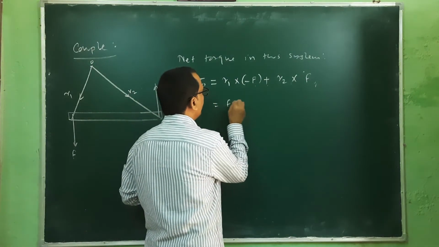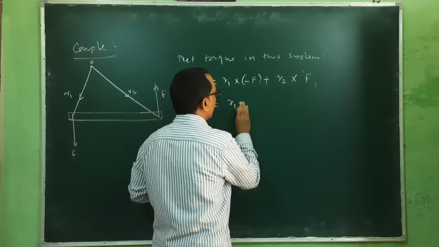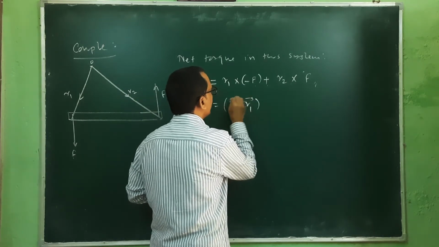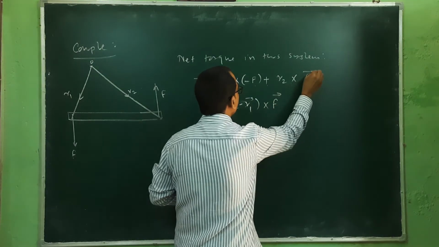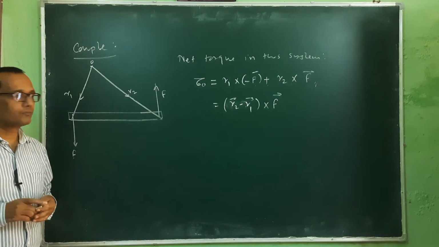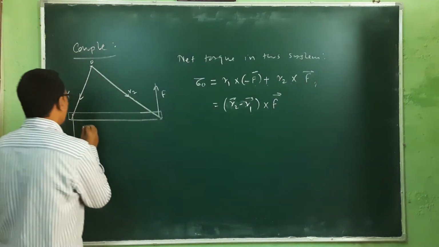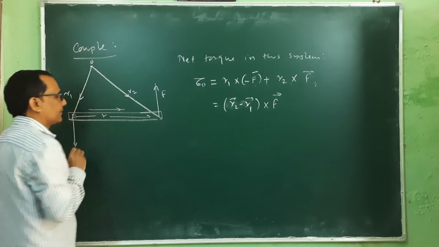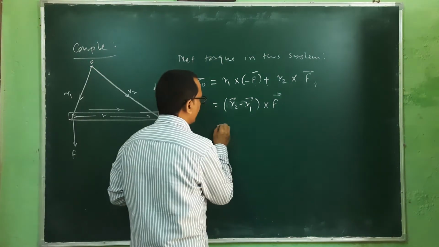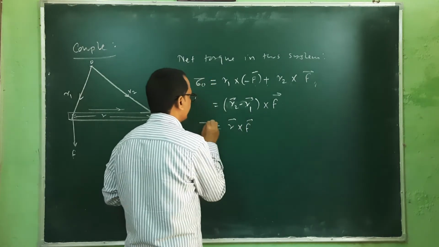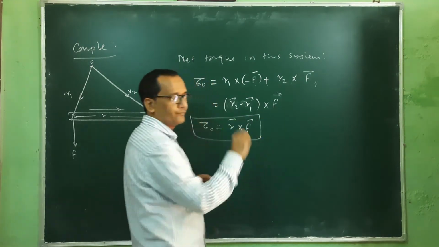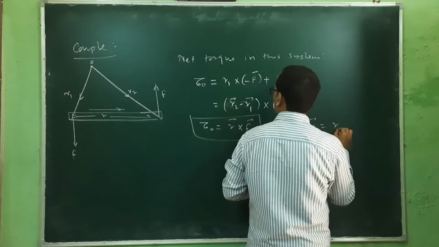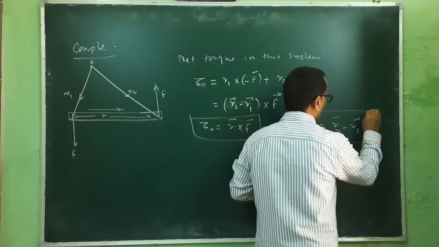So this is R1 cross F, plus R2 cross F, which is R2 minus R1, cross F. Let's say this is equal to R and the direction is this, so this is equal to R cross F, where R is equivalent to R2 minus R1 from the triangle rule.